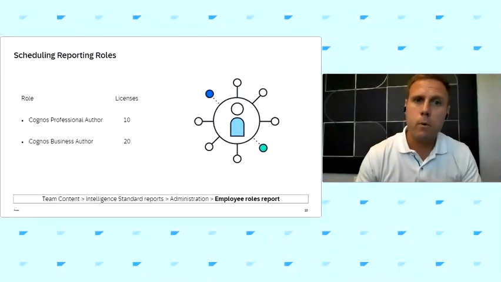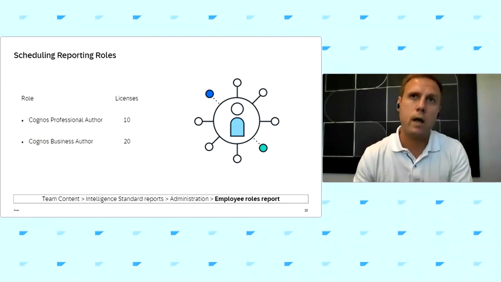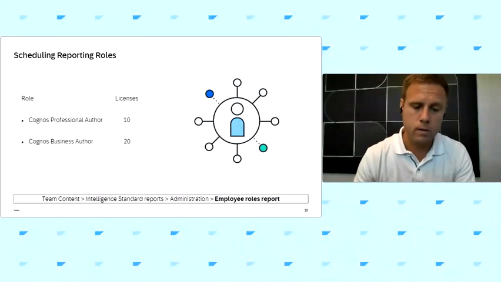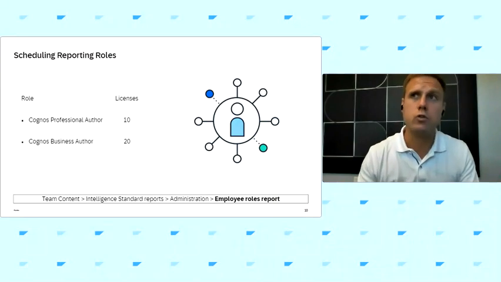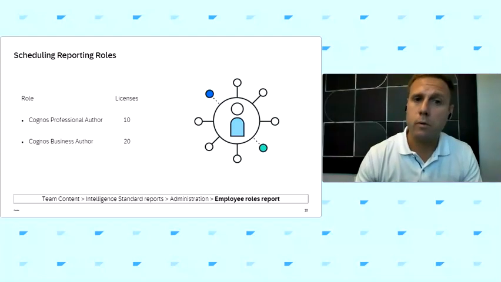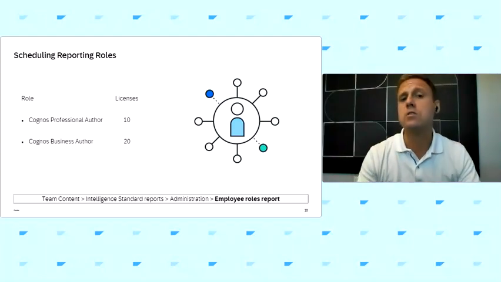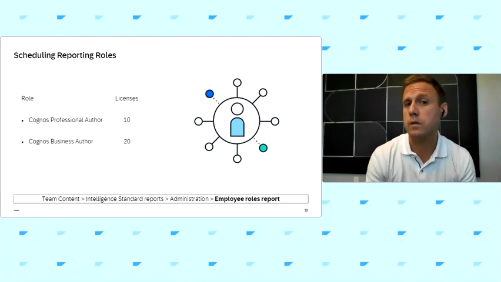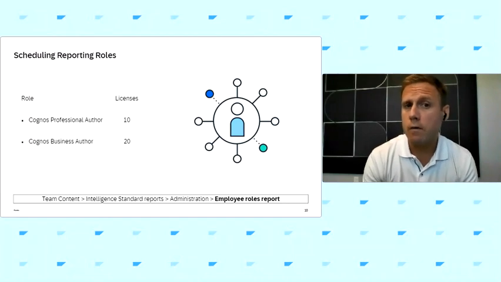I think the most important piece is understanding what roles you can have within a Cognos license to schedule reports. The highest level, a super user per se, is going to be called a professional author. You have 10 licenses to give individuals within your organization that role, followed by a business author, which is 20.